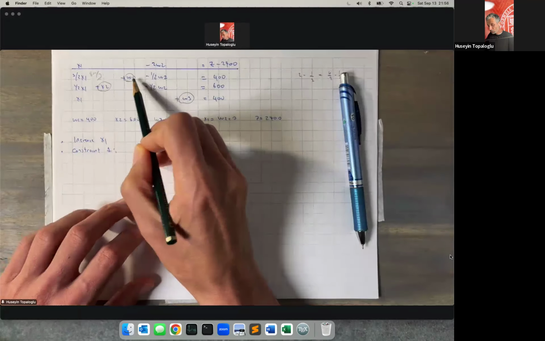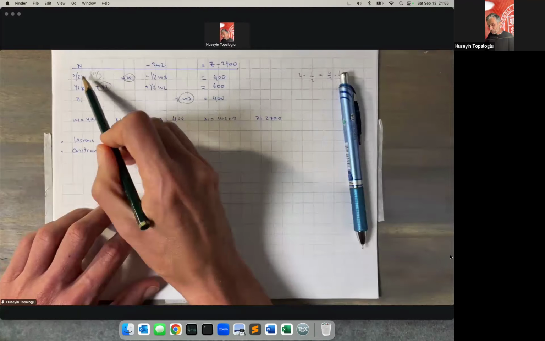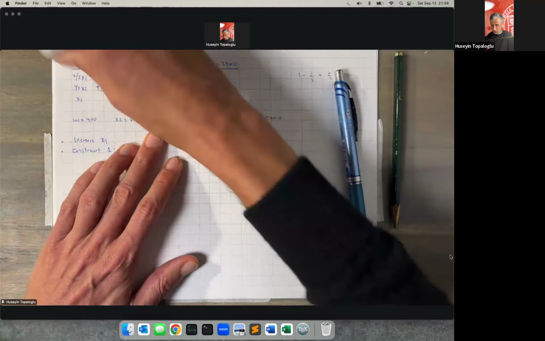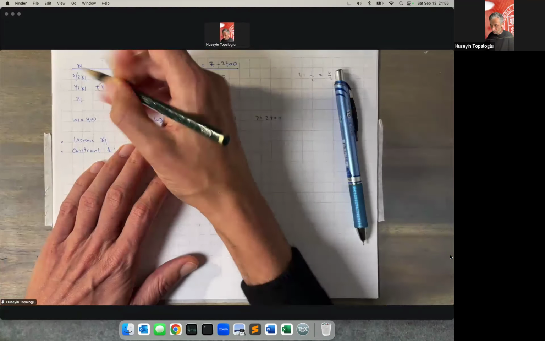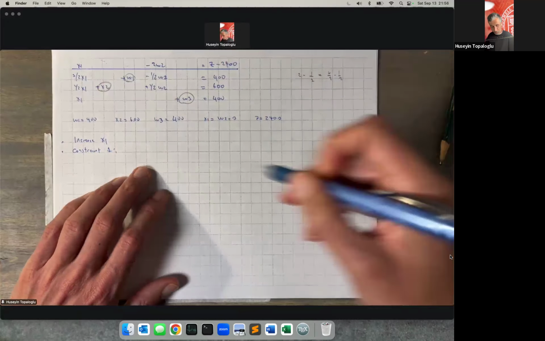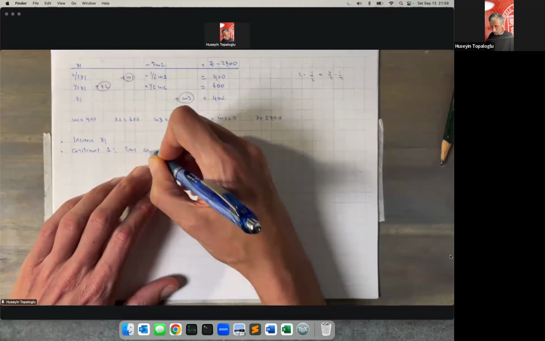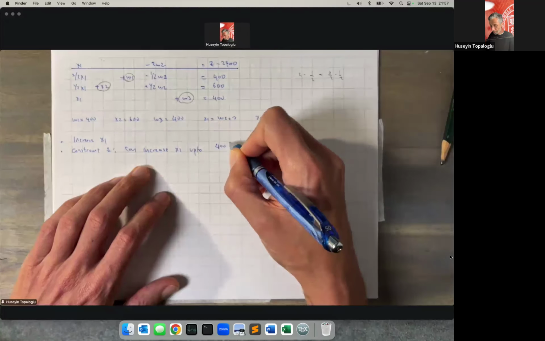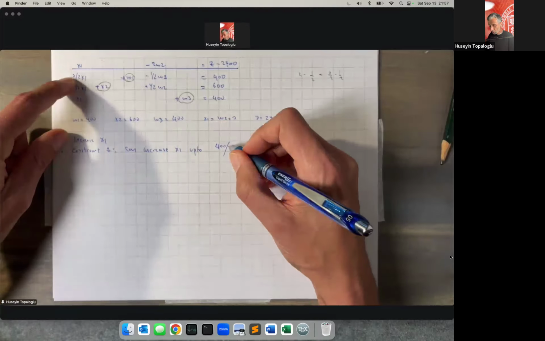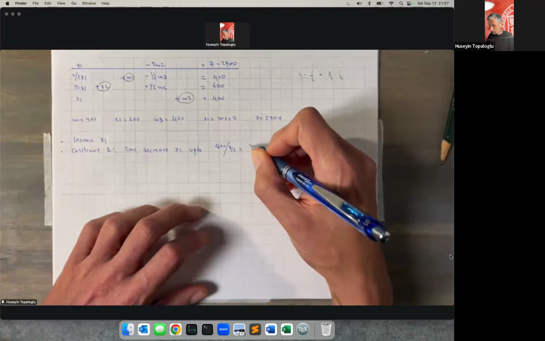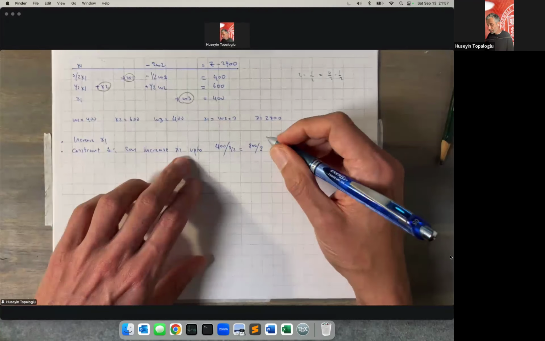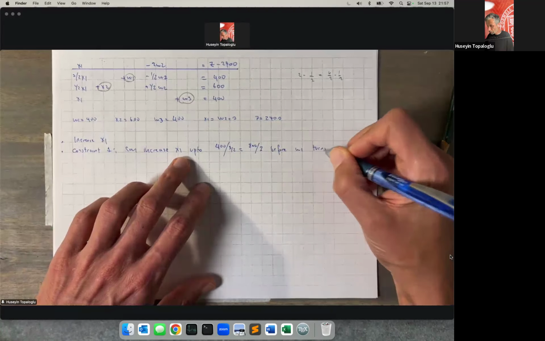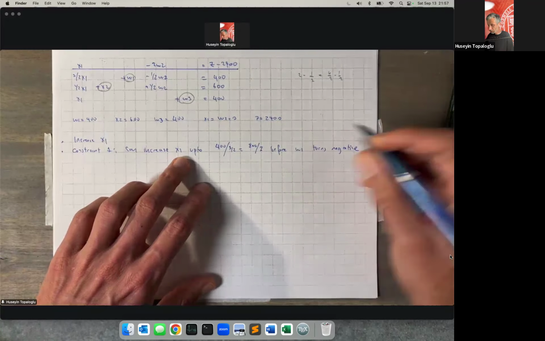So the largest x1 can go up to before W1 turns negative is 800 divided by 3. If x1 goes larger than that, then W1 has to turn negative. So from the first constraint, we can increase x1 up to 400 divided by 3 over 2, which is 800 divided by 3, before W1 turns negative.